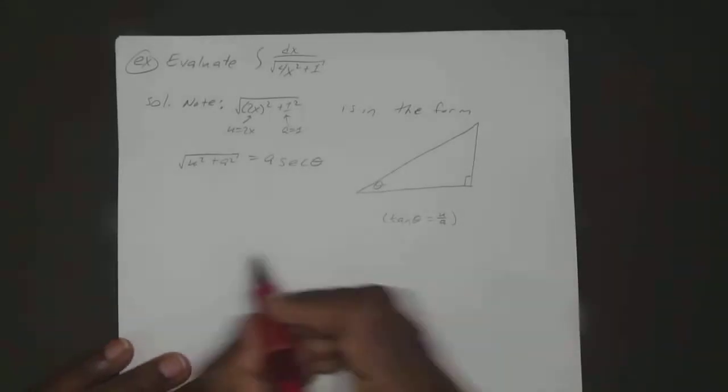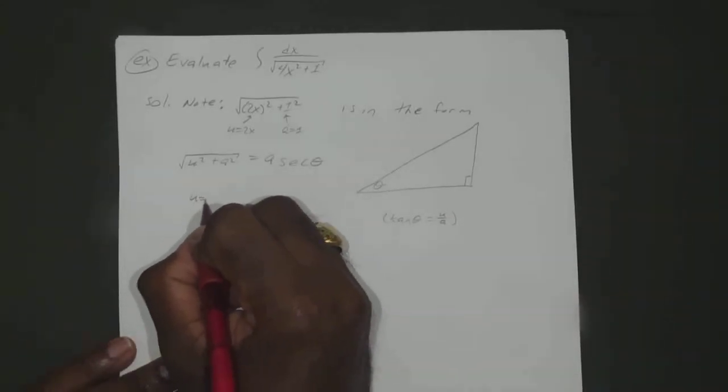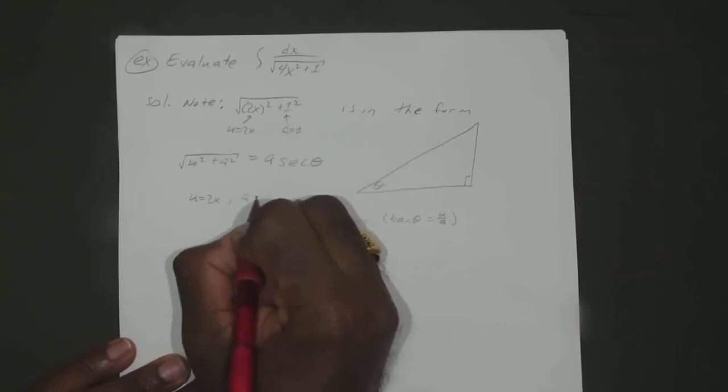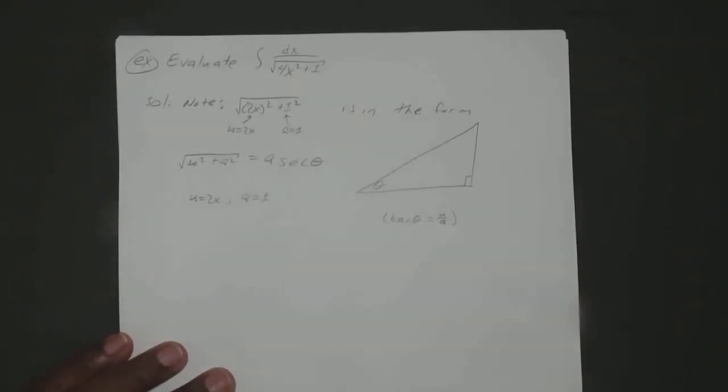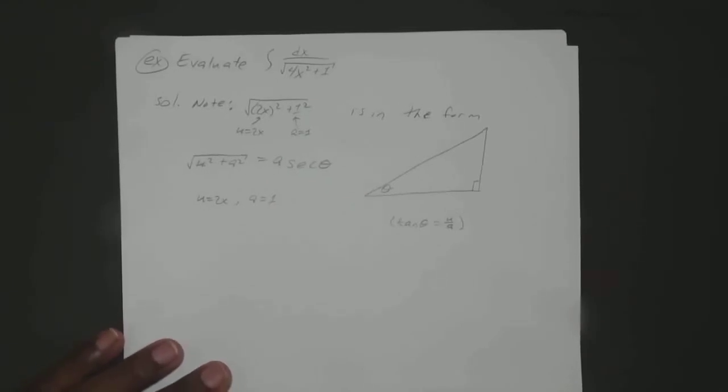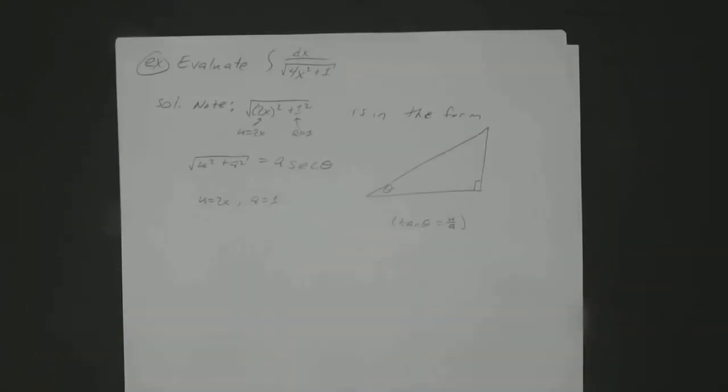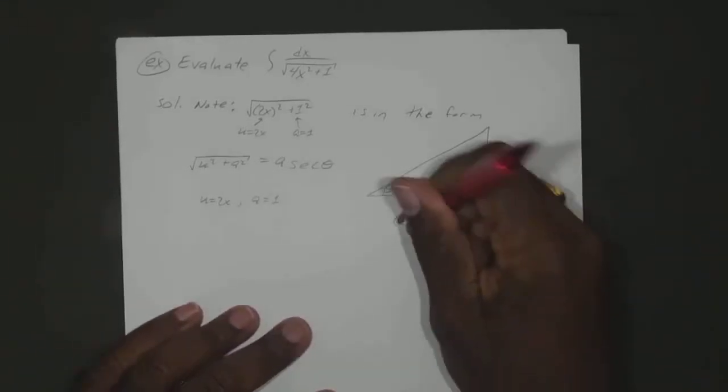Okay, so our u is equal to 2x, and our a is equal to 1. Tangent. Why are you looking at tangent? Where do you see it? Nope, tangent. Yes, your u squared plus a squared. Oh, equals, it is secant. You're right.